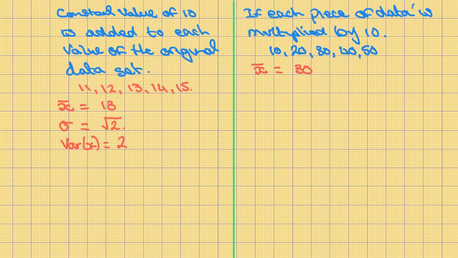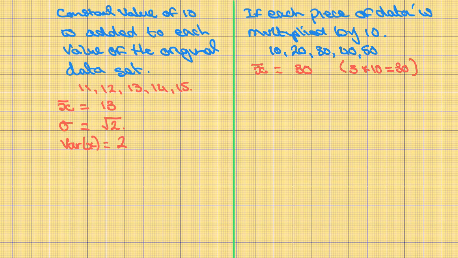And that's the rule of thumb. When multiplying each piece of data by a multiple, the mean is also multiplied by the multiple. So in this case, our old mean was 3, times 10, our multiplier, and 10 times 3 is equal to 30. Now we need to decide what happens to our standard deviation and our variance.